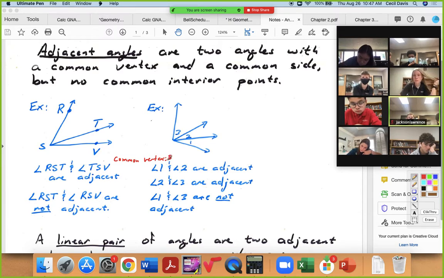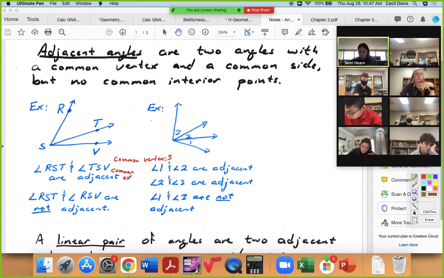Yeah, S is the vertex for both of those. What is the common side for both of these? But a side of an angle has to be a ray. Yeah, ray ST. Very good.